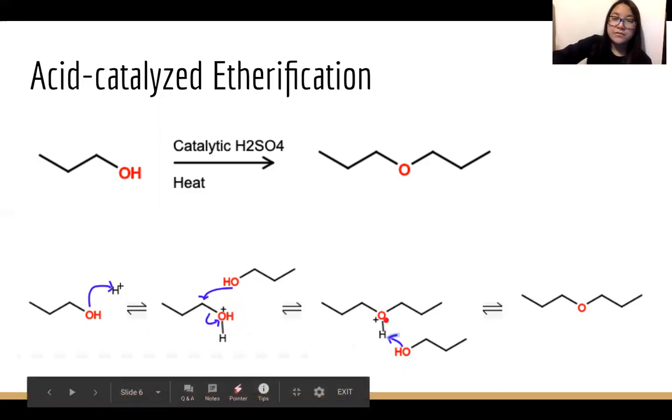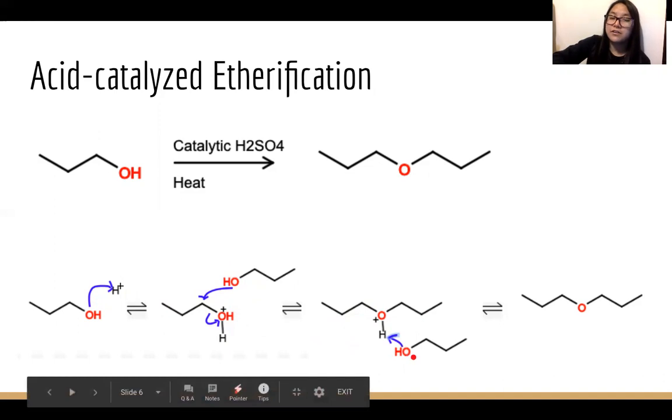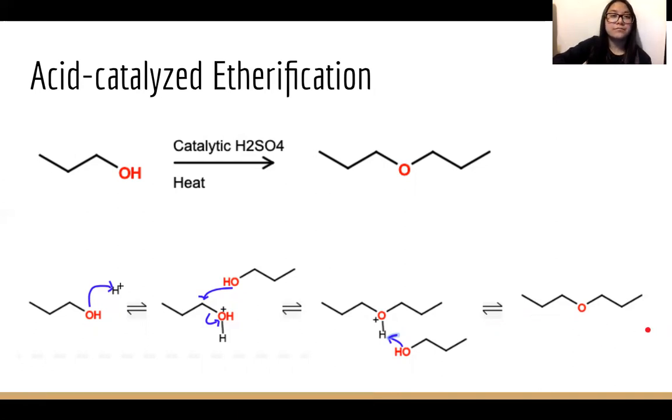And then now you're left with this, it's an ether, but it has an extra hydrogen. So another equivalent of the alcohol is going to come, just pretty much act as a base and deprotonate this hydrogen, so you get a neutral ether. And just remember that an ether is an oxygen with two R chains coming off, two alkyl chains.